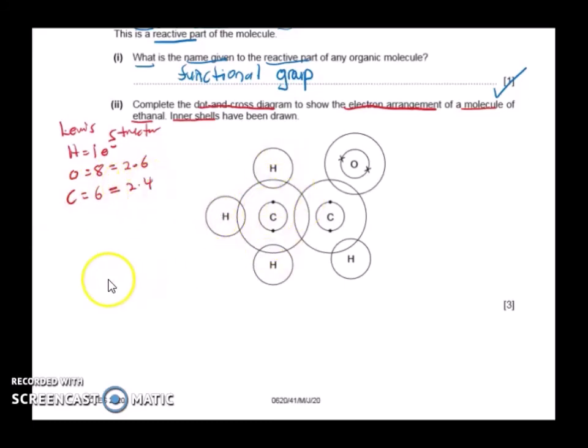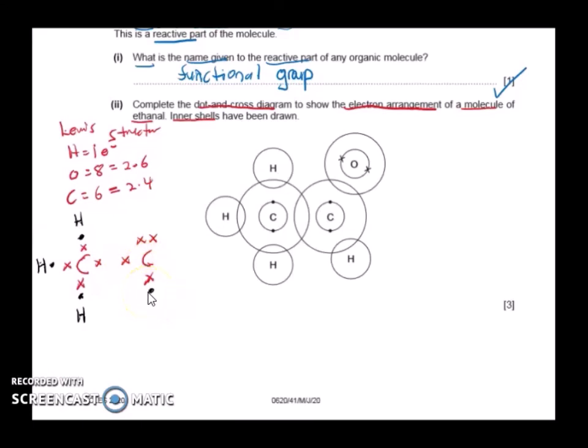So I have drawn this Lewis structure, but I haven't completed it. Drawing the Lewis structure only involves the valence electrons, so these are the valence electrons that I draw.